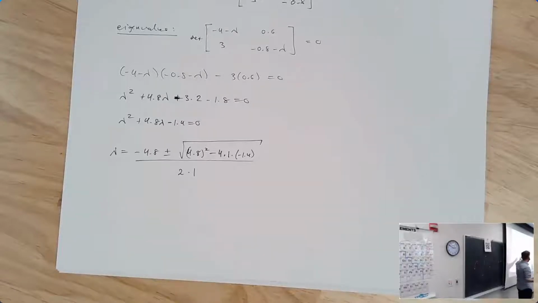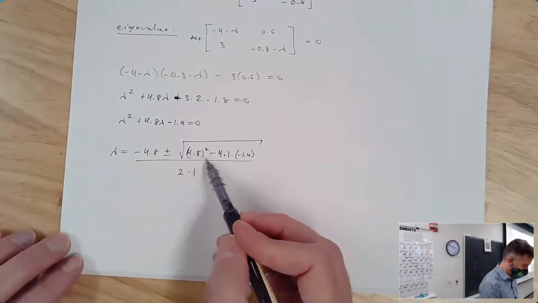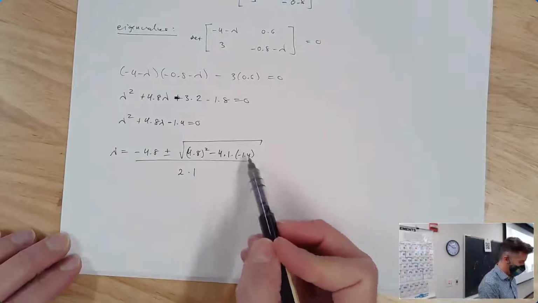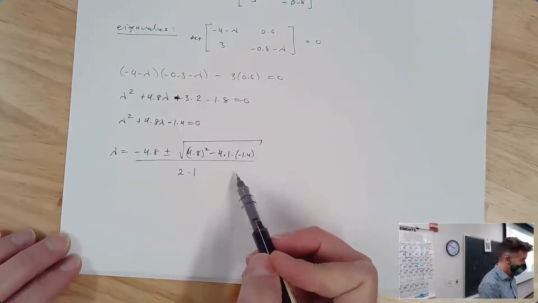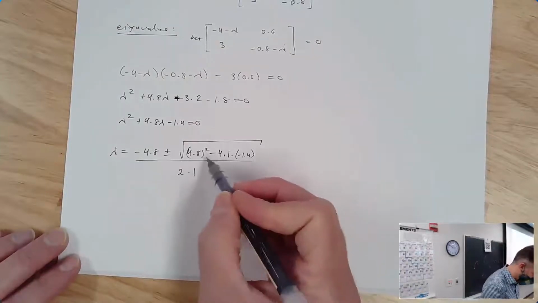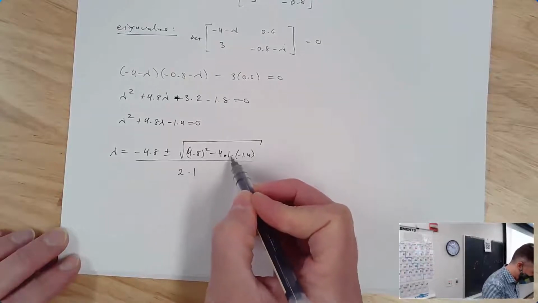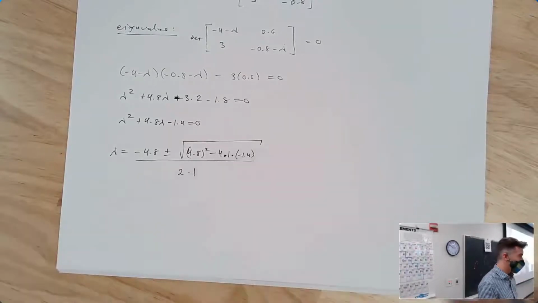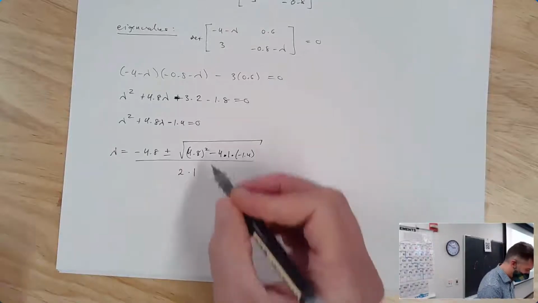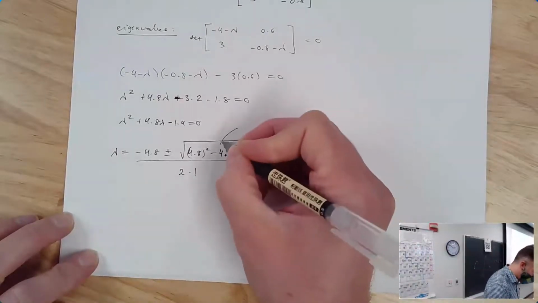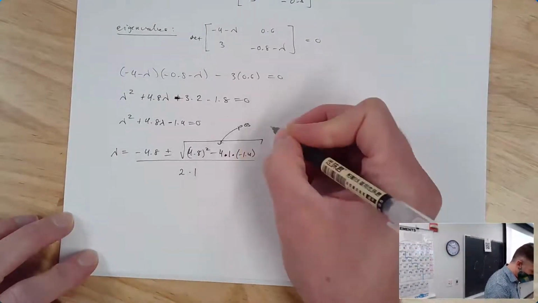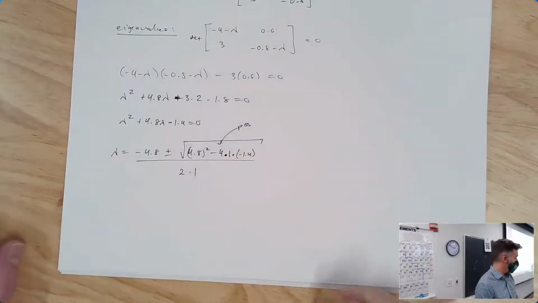I've got something squared, and am I adding or subtracting? I'm definitely adding something, because it's minus 4 times 1 times negative 1.4. So this is definitely positive. So we know we've got real eigenvalues.